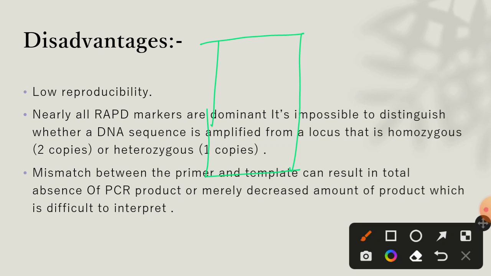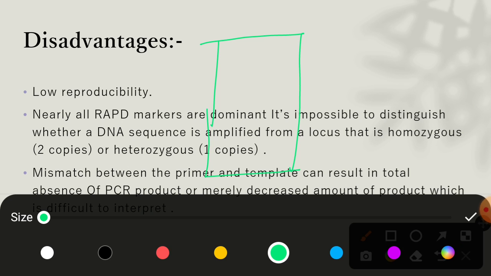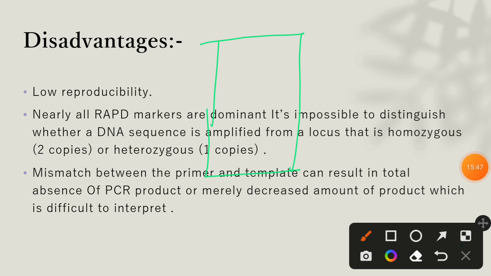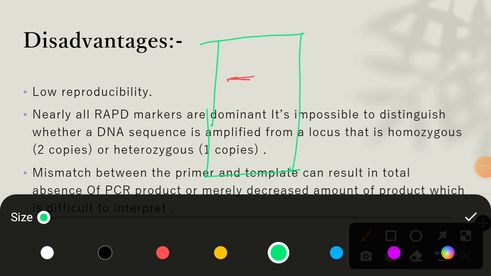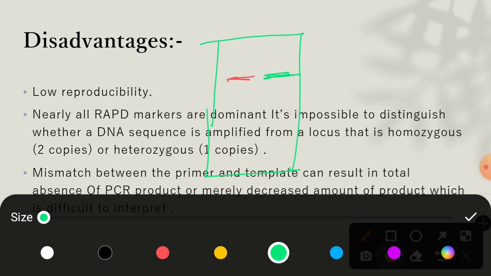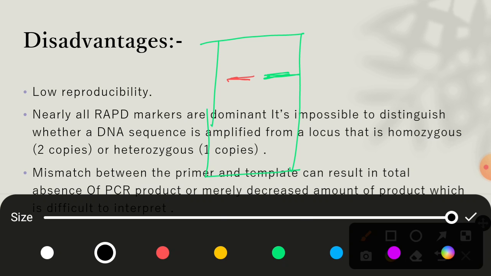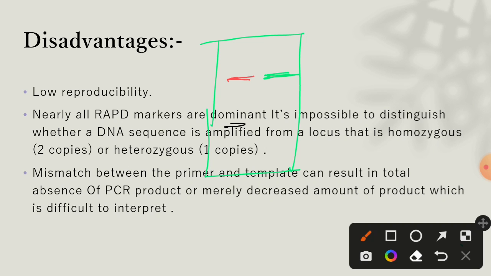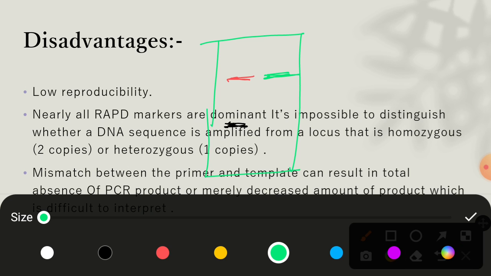Under such circumstances, if you use dominant markers, these dominant markers will give you similarity of the child either with the father or the mother, right? Let's say the black band that I am drawing here is the DNA from the mother, and this green, in both cases, is the child.